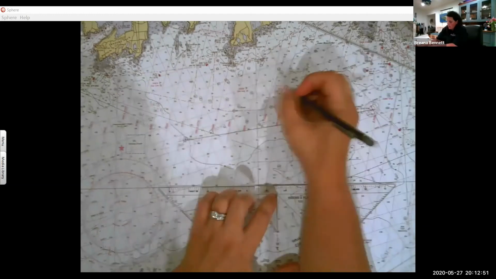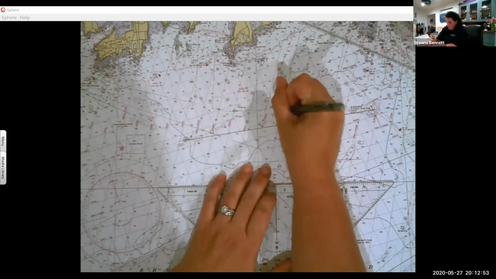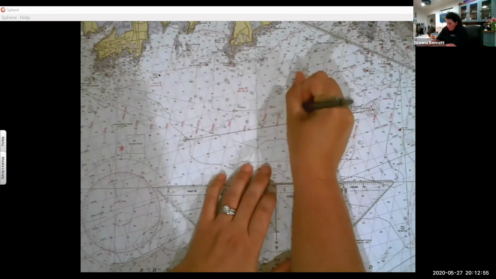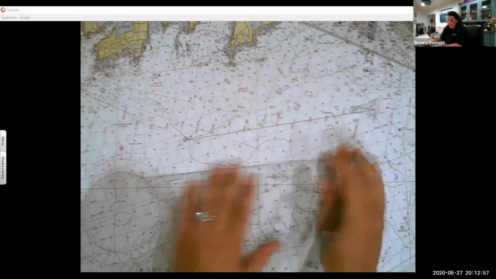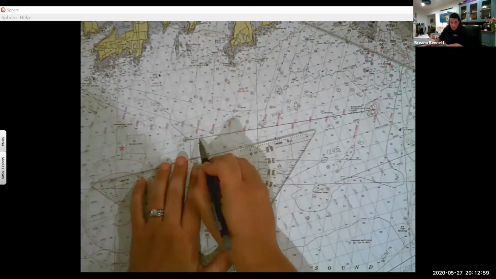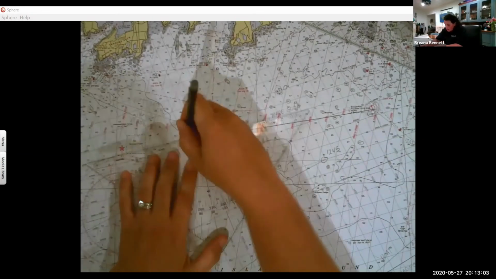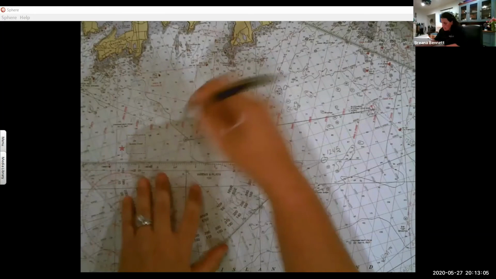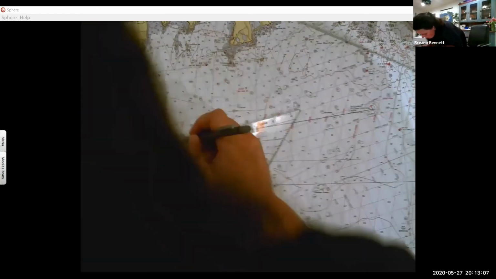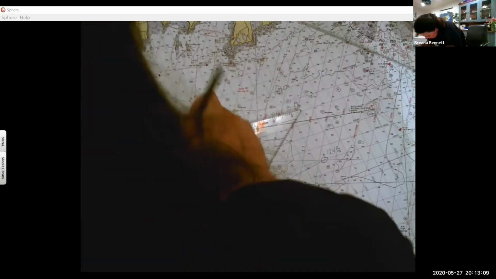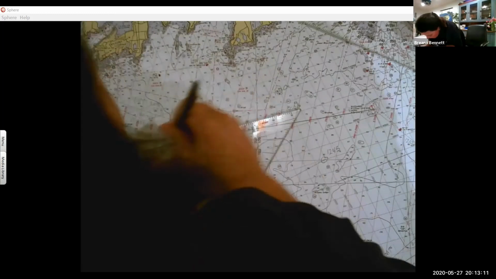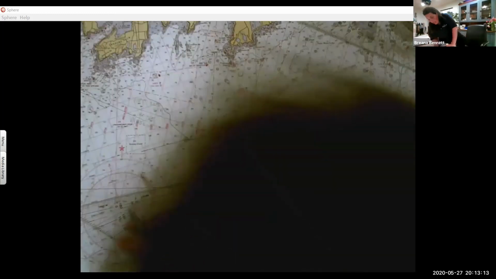So this is my made good. And then I apply my current. So my current starts from my made good as well. So my current basically extends itself out that way.